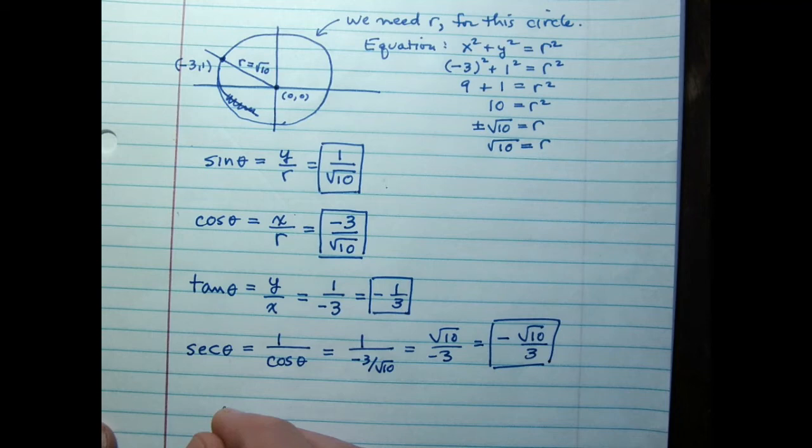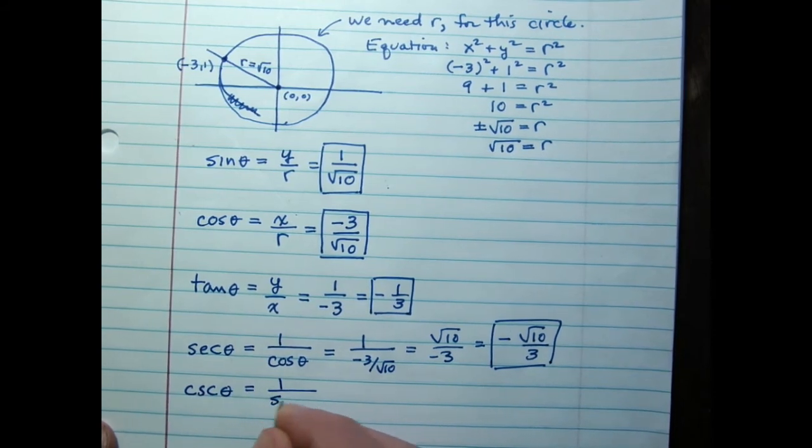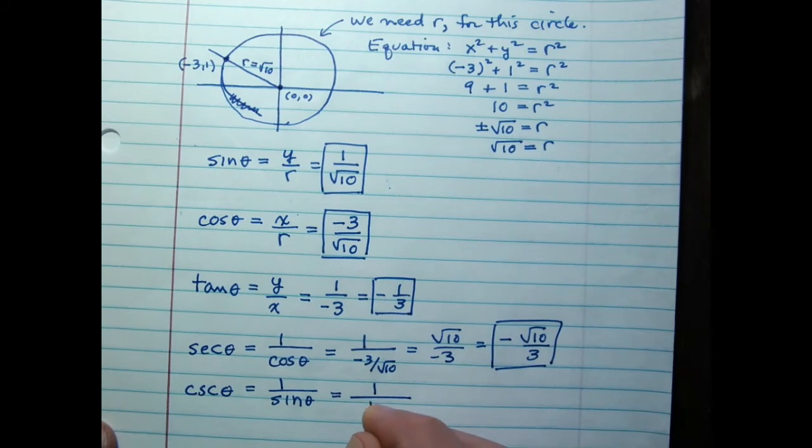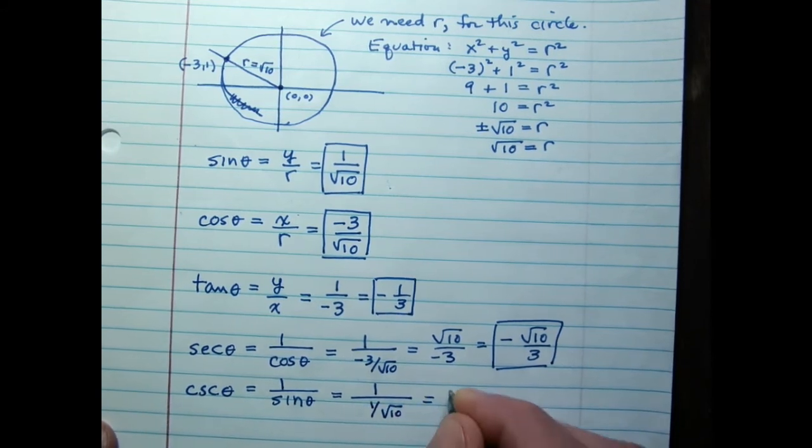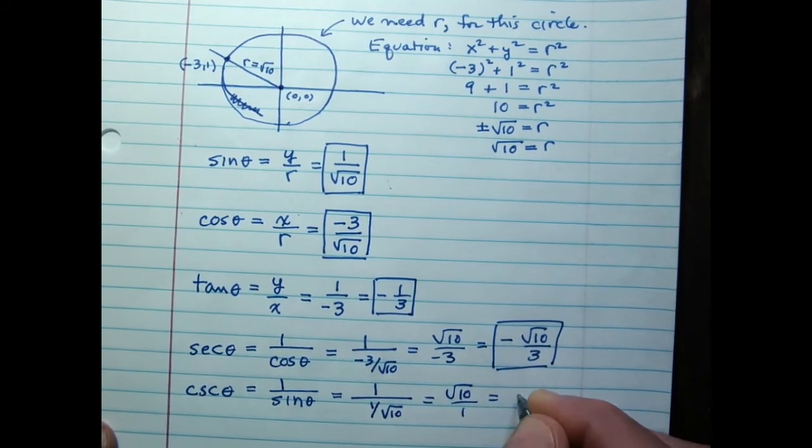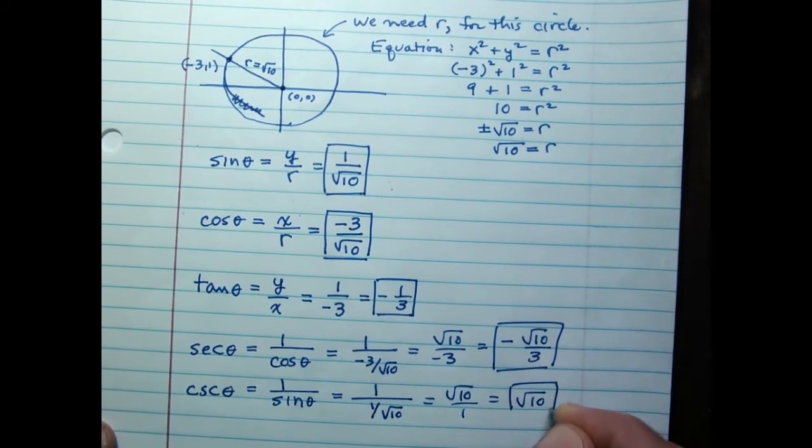The cosecant of theta is 1 over the sine of theta. So that's 1 over the square root of 10, which is square root of 10 over 1, or square root of 10, cosecant theta. And the cotangent theta is 1 over the tangent of theta.